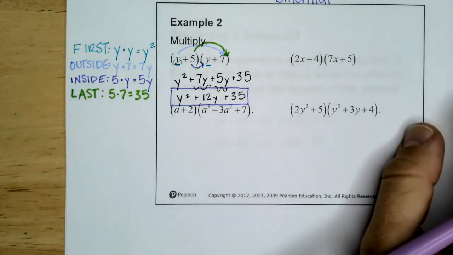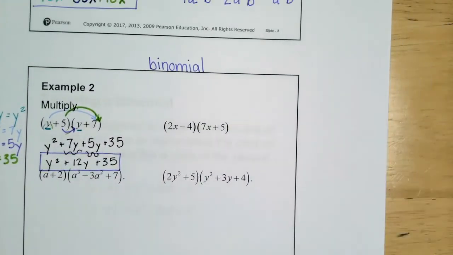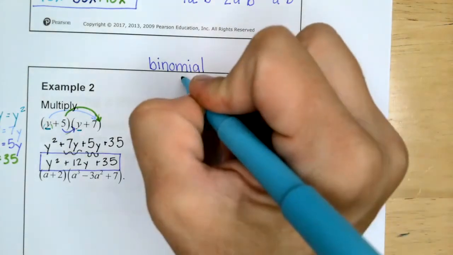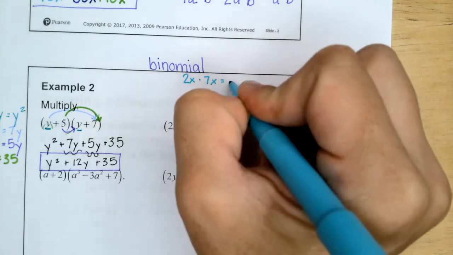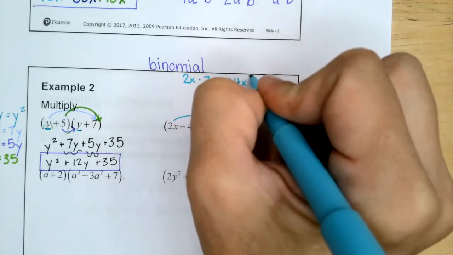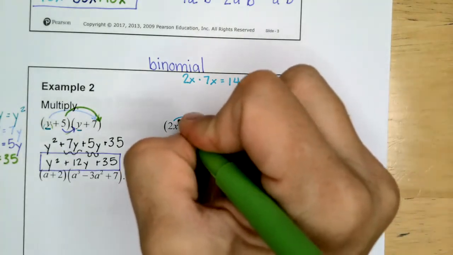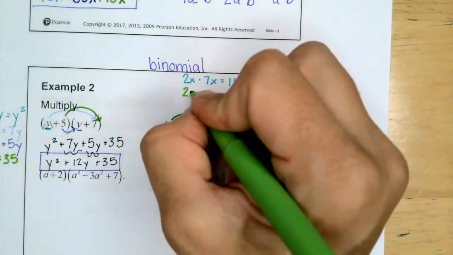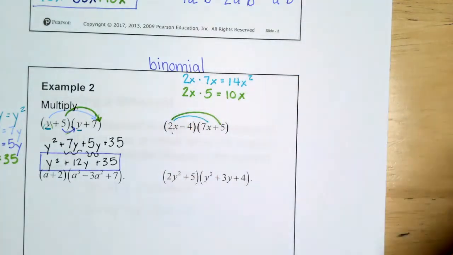So same thing over here. Two x times 7x is 14x squared. Okay. Two x times 5 is 10x.